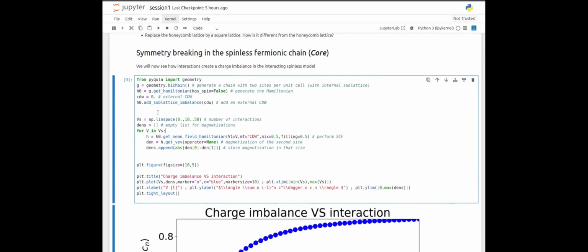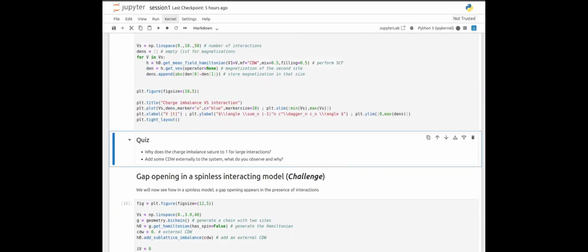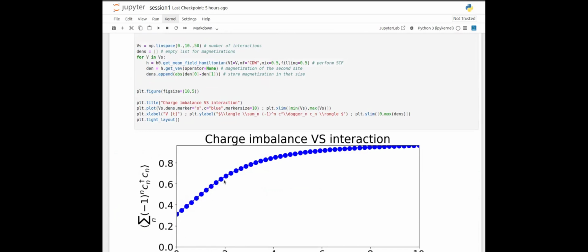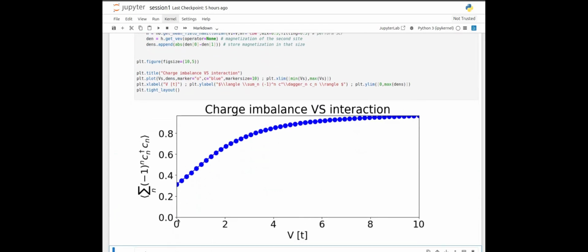And this we can do just by adding this sublattice imbalance. By default, it was 0. We can see what happens if we add 0.3. In that case, you will see that for 0 interaction, there's already an imbalance between the sites. And then as we make the interaction stronger and stronger, this imbalance becomes stronger and stronger.